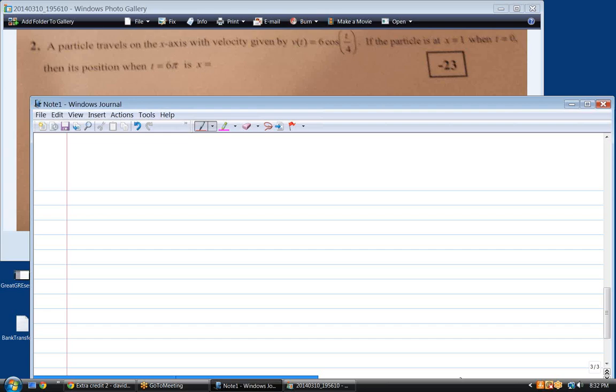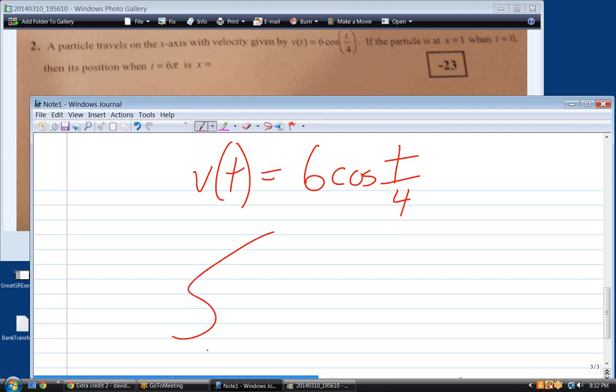A particle travels with v of t equals 6 cosine of t over 4. If the particle starts at x equals 1 when t equals 0, then its position at t equals 6 pi is, well, if it started at 1, then its position is going to be 1 plus the displacement from 0 to 6 pi of the function.